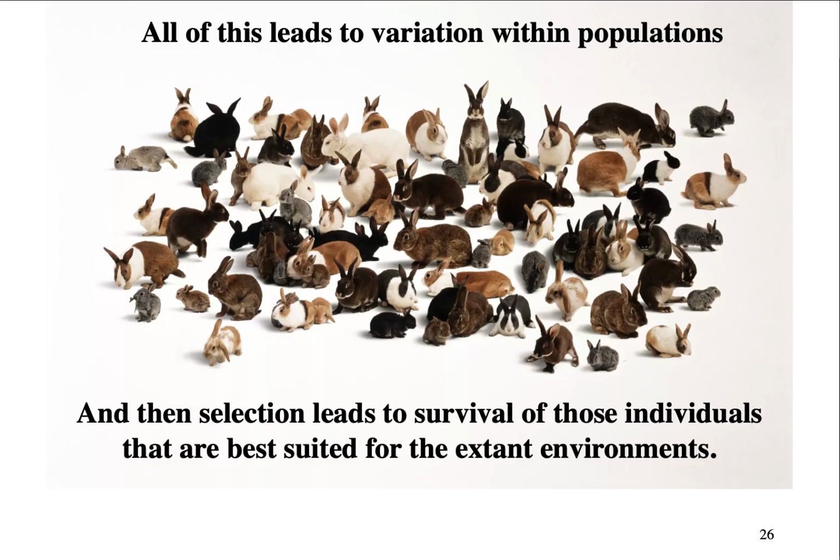So all of these changes then lead to variation within the population. And then selection leads to survival of some of those individuals that are best suited for the extant environments.